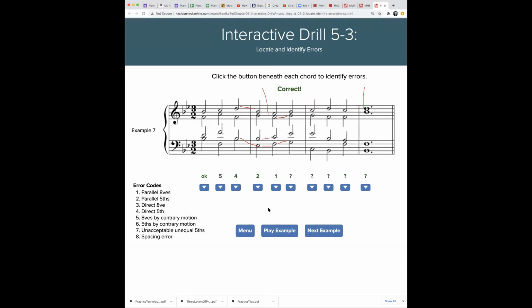They say contrary octaves. Where is that? Is it this tenor bass problem? They move opposite directions into the same pitch. Is that it?